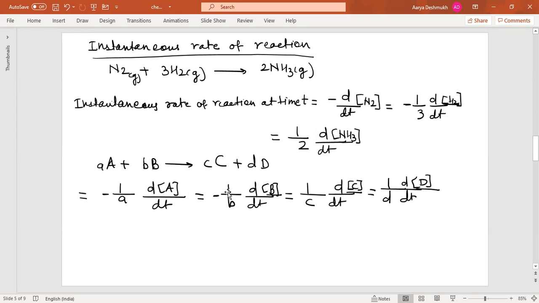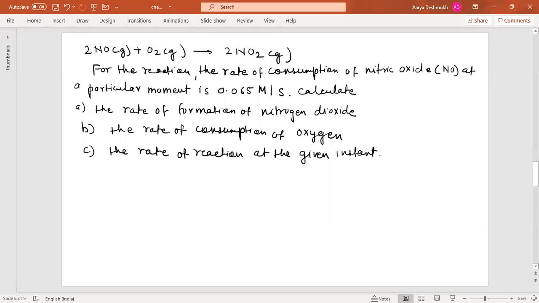Now, how do we apply the same thing to any given problem? So let us solve one problem based on this so that you will be more clear with this. Now, if the problem is given this way, this is the reaction given to you: 2NO plus O2, NO meaning nitric oxide, reacting with oxygen to give 2 moles of nitrogen dioxide. So for this reaction, the rate of consumption of nitric oxide at a particular moment is given.